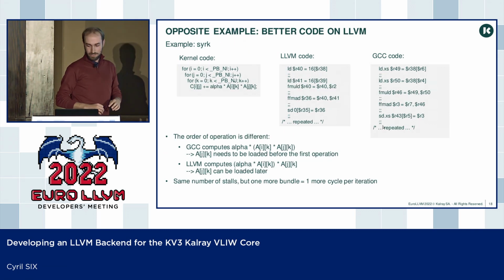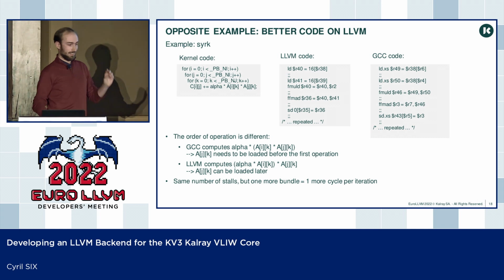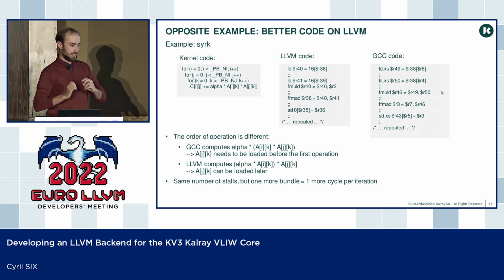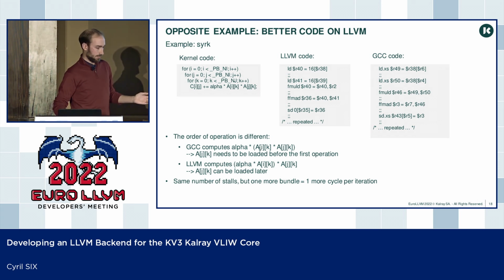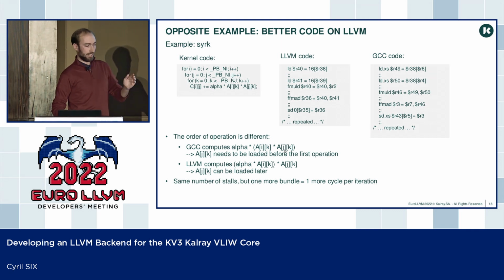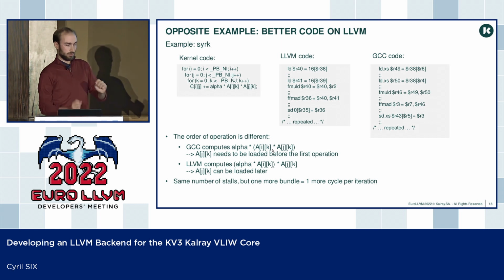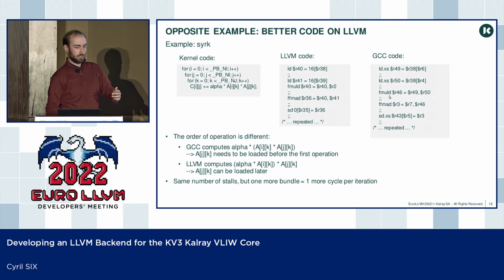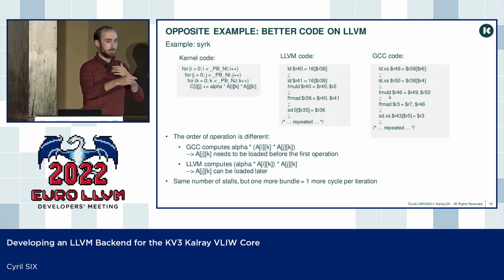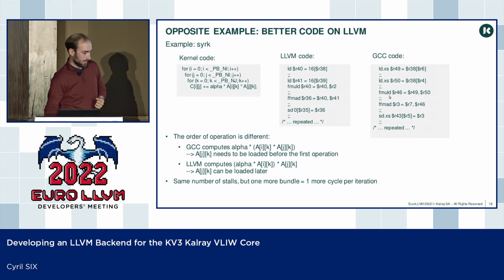But what's funny is that I found an example where it was the opposite. GCC was reassociating, LLVM was not, and maybe because of luck, the LLVM code had fewer bundles than GCC, and so this resulted in a faster execution. The reason is that GCC was multiplying A[i][k] and A[j][k] first, so the 2 elements need to be loaded before the multiplication, and this results in an additional bundle because you cannot multiply an element at the same time as you are loading it.